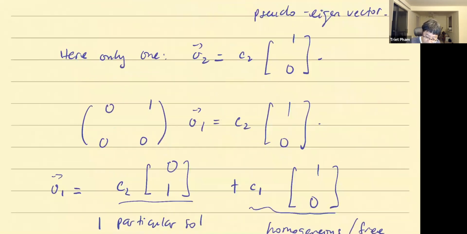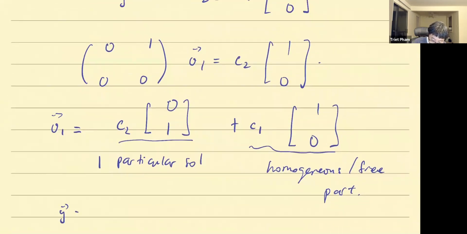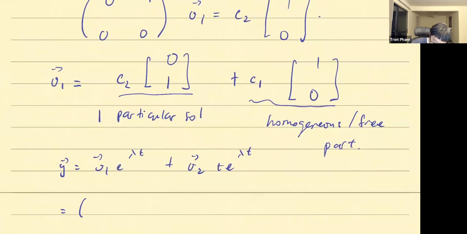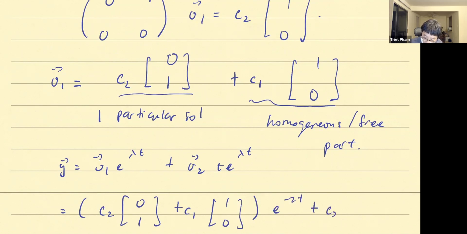So y is supposed to be v1 e to lambda t plus v2 t e to lambda t, which is c2 0 1 plus c1 1 0 e to the minus 2t plus c2 1 0 t e to minus 2t. Any question?